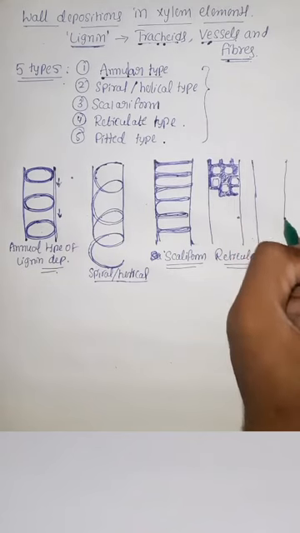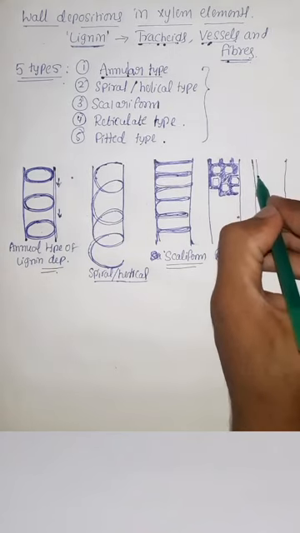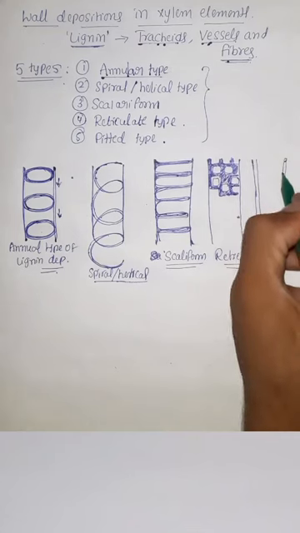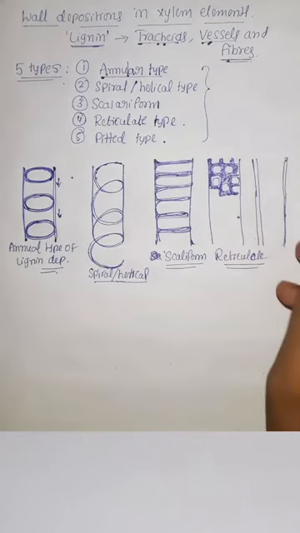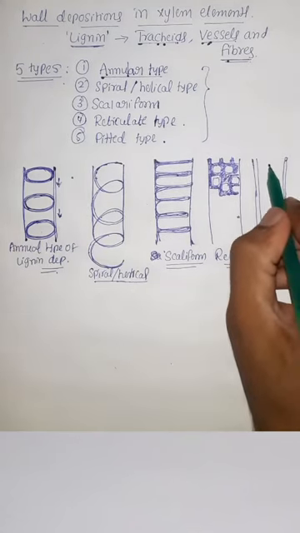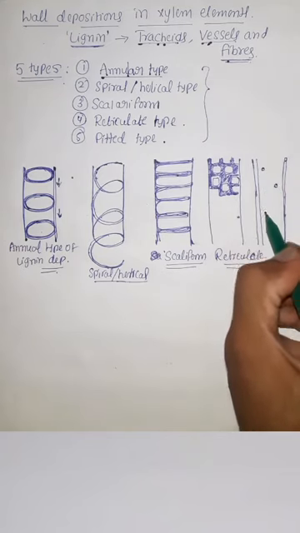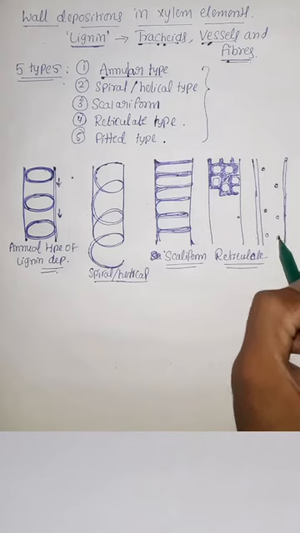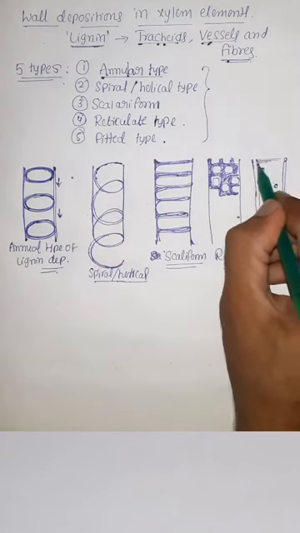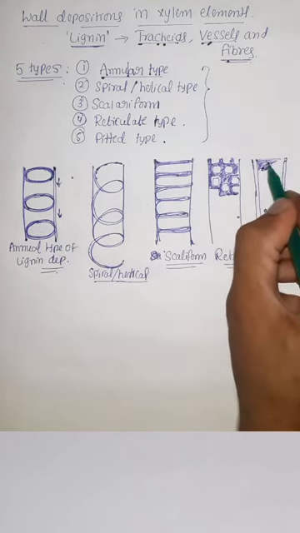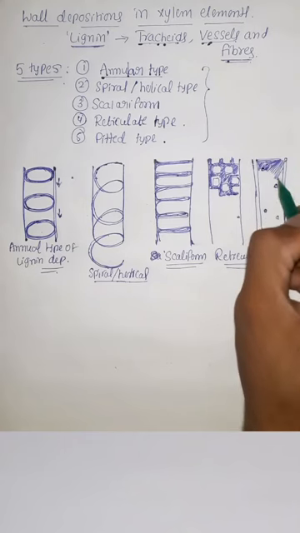The last one is pitted type of lignin wall deposition. This is the primary wall. During the secondary wall deposition, except a few circular places, the lignin is depositing throughout the wall surface.